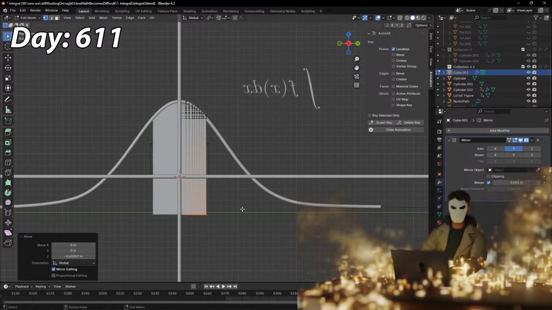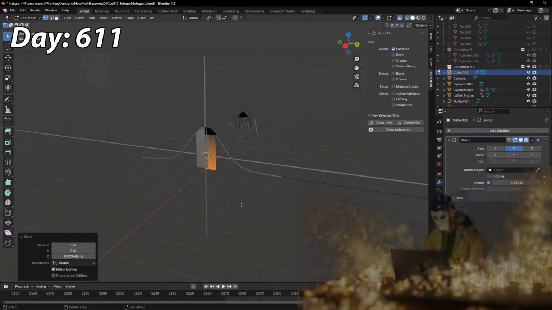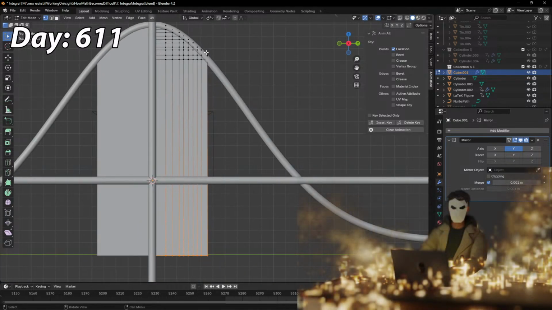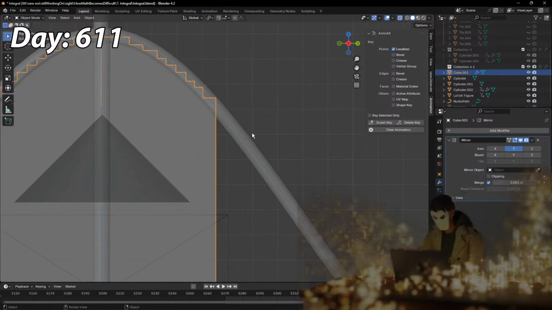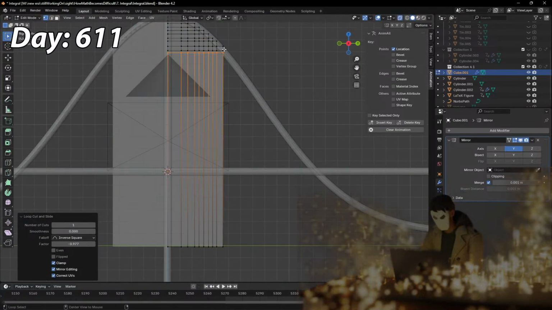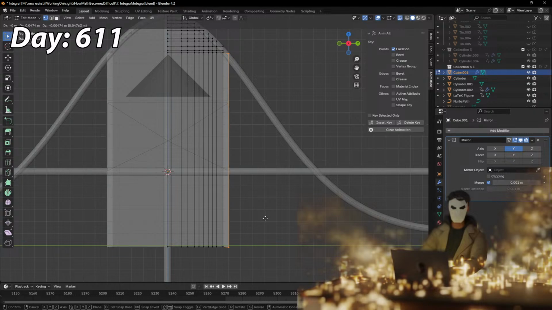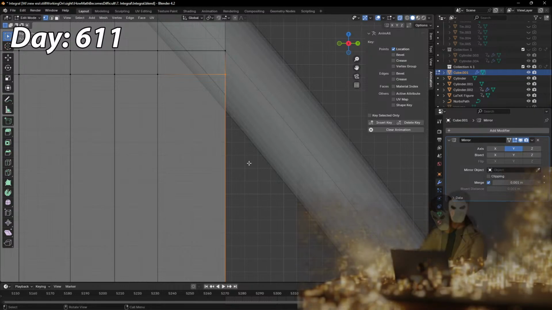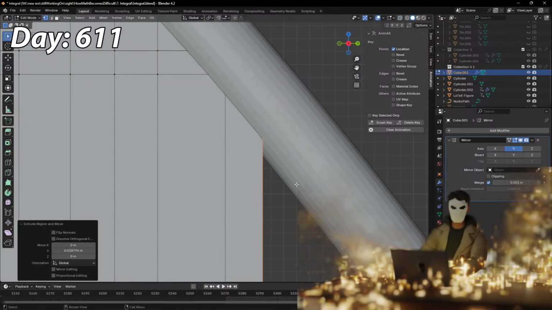Oh wait, no, we need lower, right? Right here, there we go. And extrude. Why is it? I'm sorry. There, should be flat.